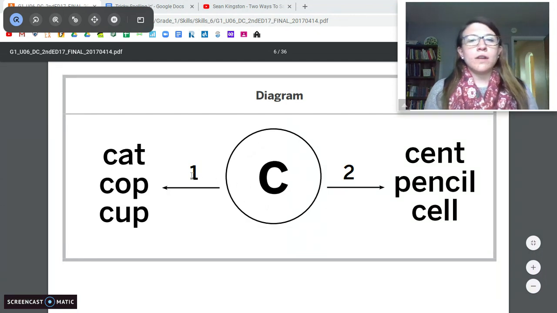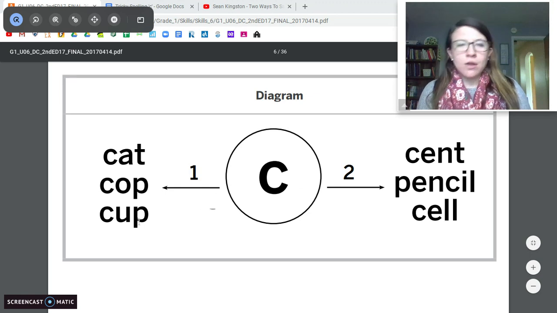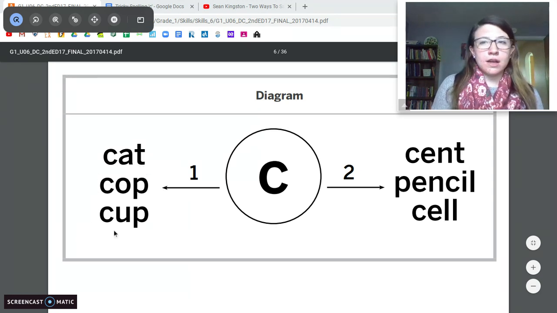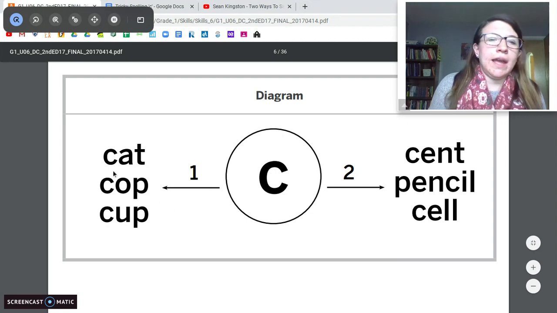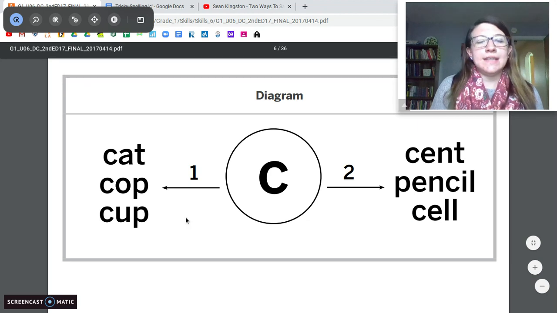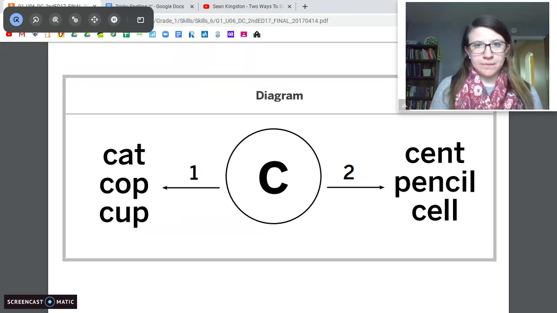If we go over to the number 1, let's read these words. Go ahead and read them with me. We have cat, cop, cup. All right, let's do it again. Cat, cop, cup. What sound does the C make in those words? K. Good.